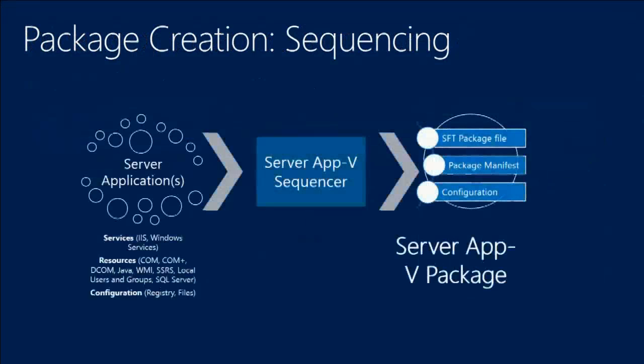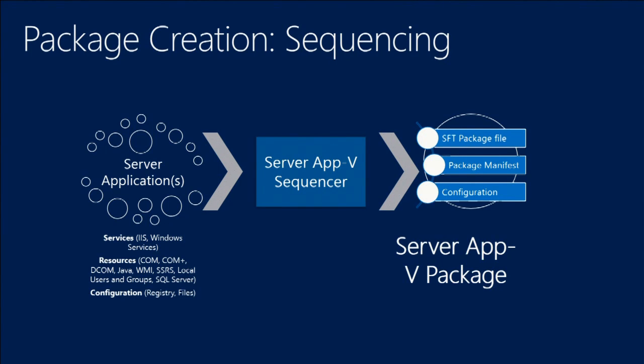This is a graphical representation of the packaging process, and it shows what sequencing really is. You take your server application, which runs on one of these operating system subsystems, and you run through the install process with a sequencer session running. At the end of that sequencing process, you get essentially three important artifacts. You get a package file, which is the compiled output of the installation.